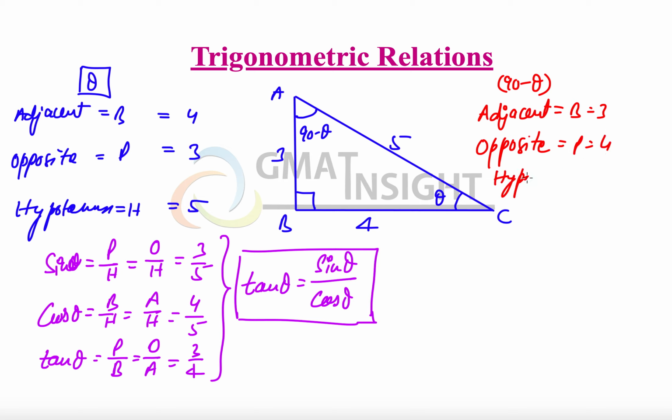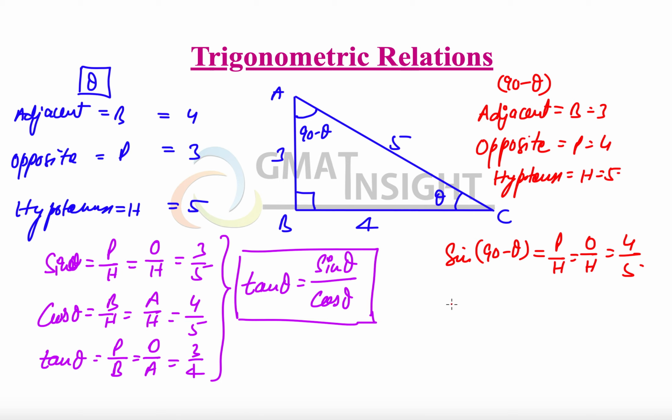Well, but hypotenuse remains as it is, which is equal to 5. Which means if we were to find out the value of sine 90 minus theta, then sine 90 minus theta, which is equal to the perpendicular over hypotenuse or opposite over hypotenuse, becomes 4 over 5.